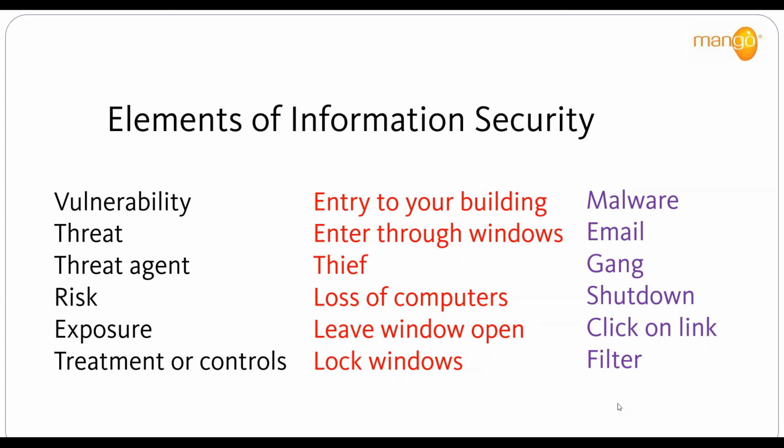Well, someone inside of your organization suddenly clicks on a link that they shouldn't be clicking on, and then a bit of malware is put into your network somewhere and you don't even know it. So what's the treatment or the controls? Well, you could filter out spam, or if it's getting through, then you could train your staff to not click on silly links. So that's the thinking that you have to do for each of your information assets.